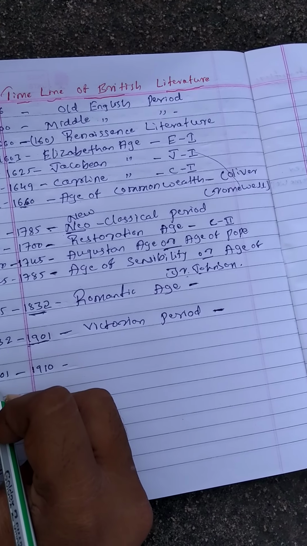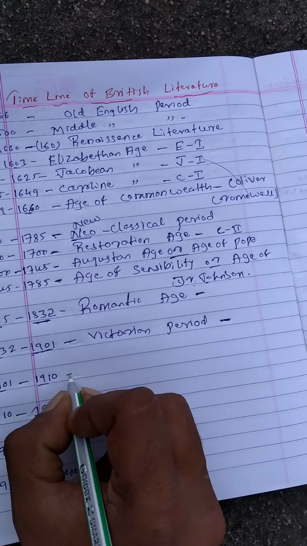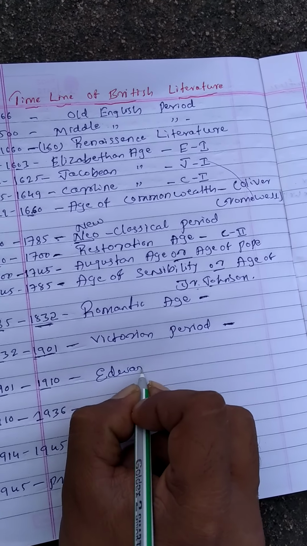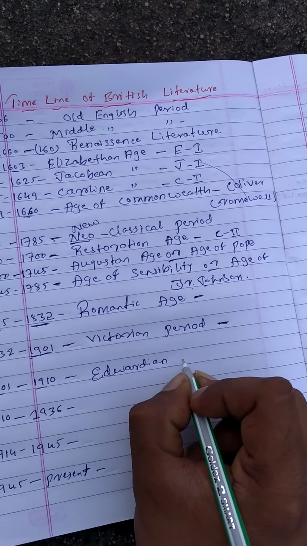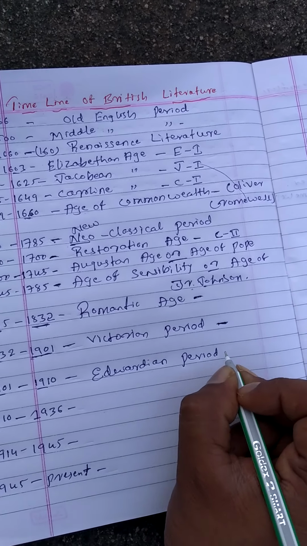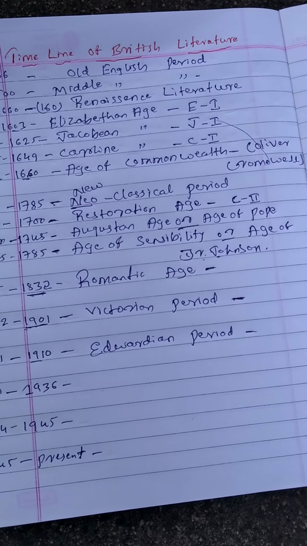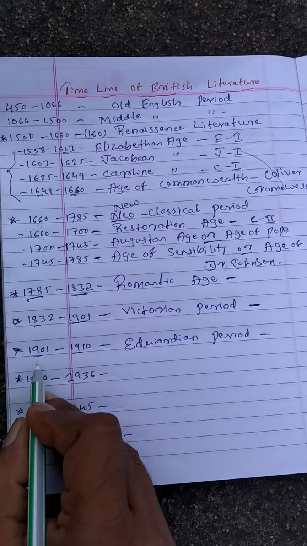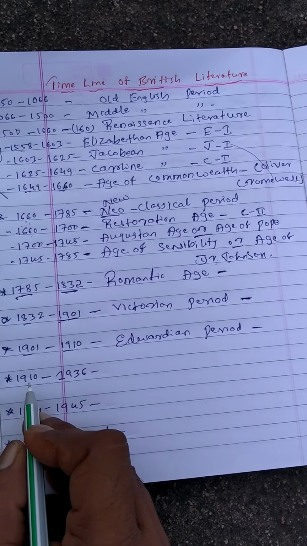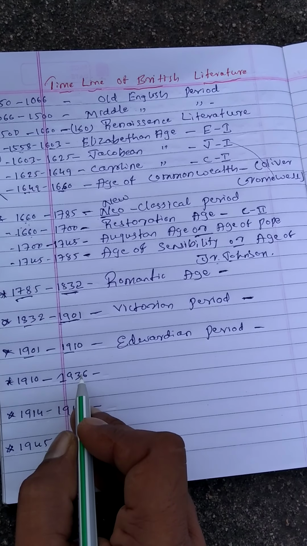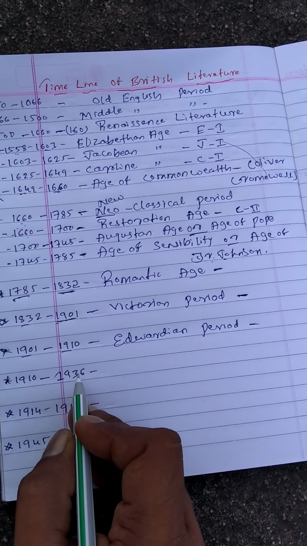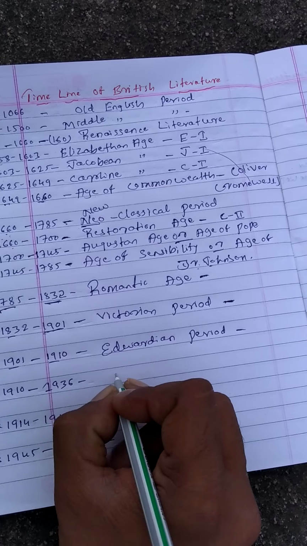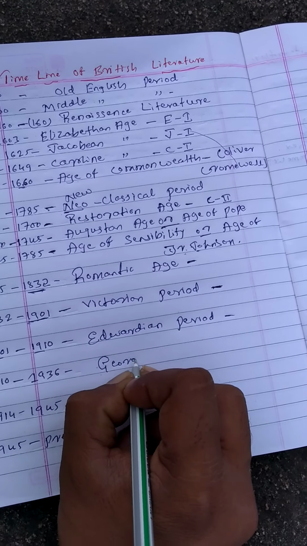1901 to 1910 is called the Edwardian period. This is not such an important period, even though we should study it. Then 1910 to 1936 is called the Georgian period in British literature.